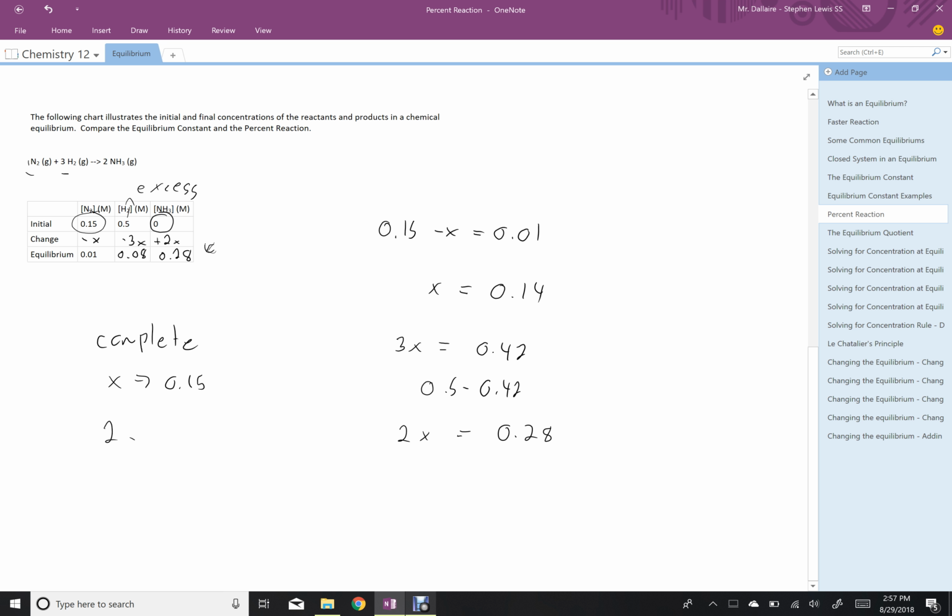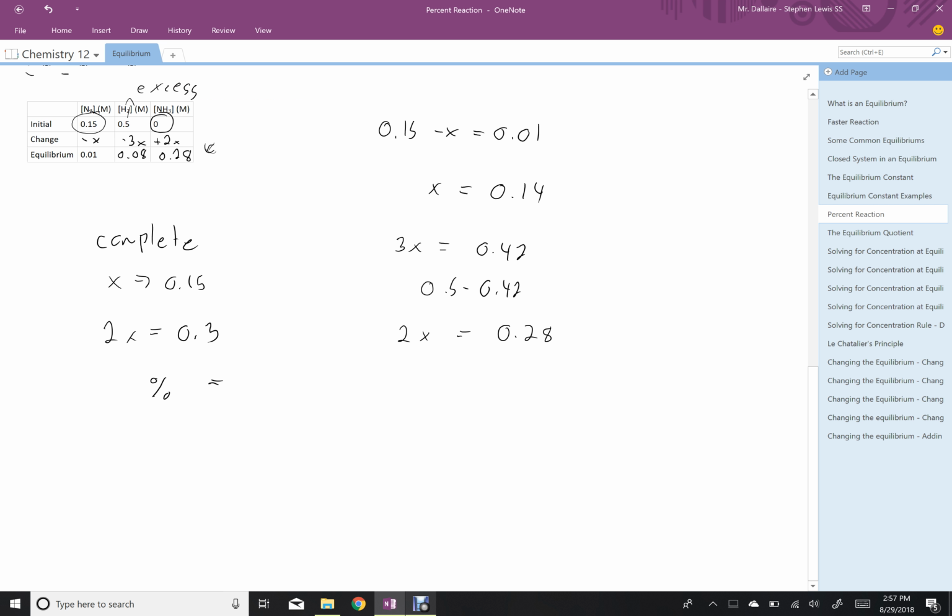And as a result, 2x would have been 0.3. So our percent reaction compares our concentration at equilibrium, 0.28, to our concentration for a perfectly complete reaction at 0.3. And here I'm going to get a percent reaction of 93.3%.